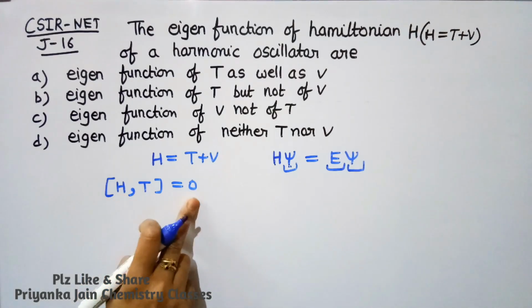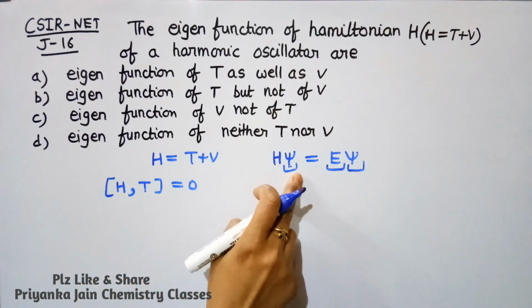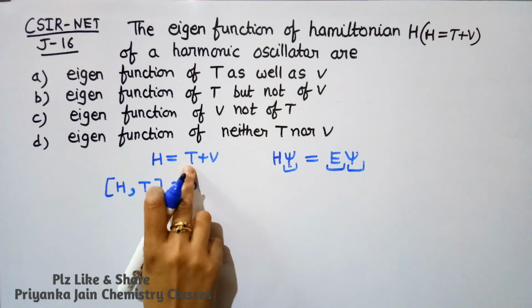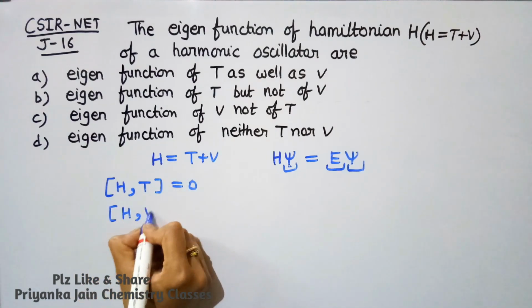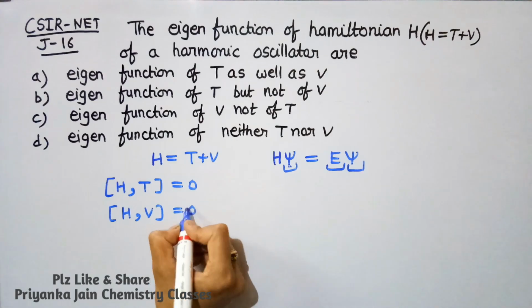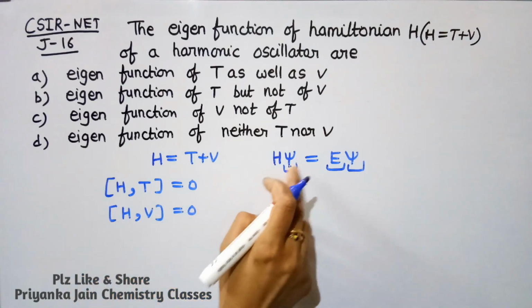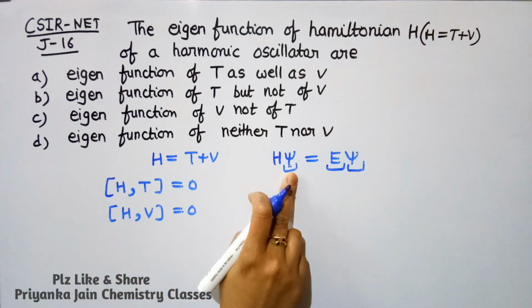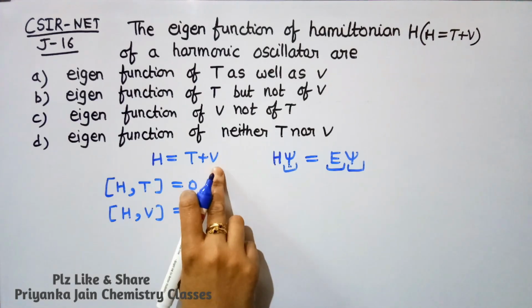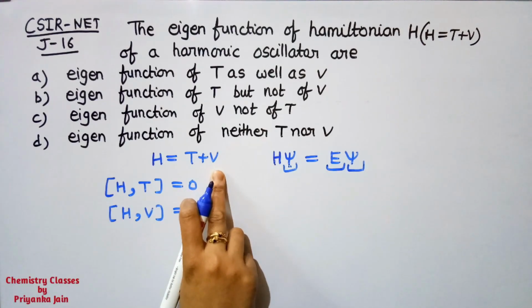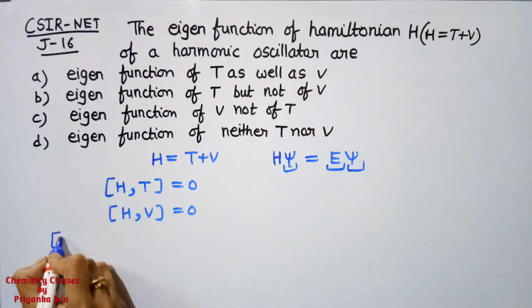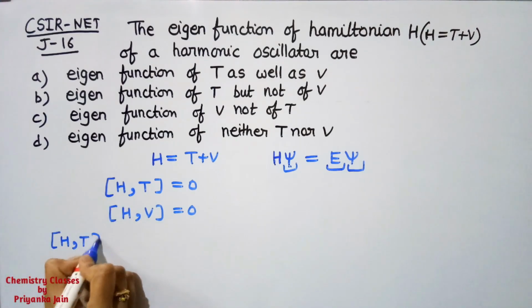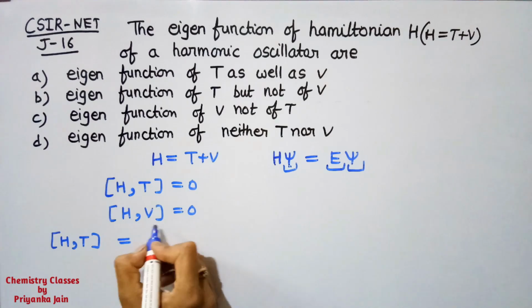What is the condition? If the commutator of H and T is equal to 0, then the eigen function can also be an eigen function of T, and if the commutator of H and V is equal to 0, it means both are commuting, then this eigen function psi will also be an eigen function of potential energy, right?